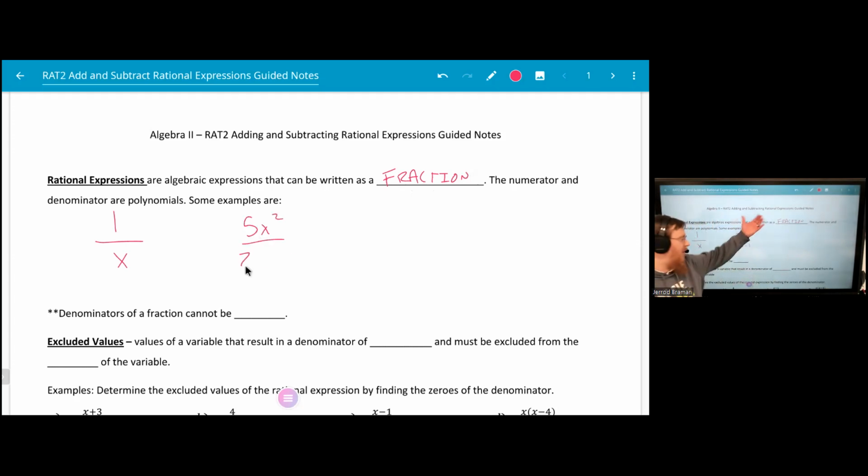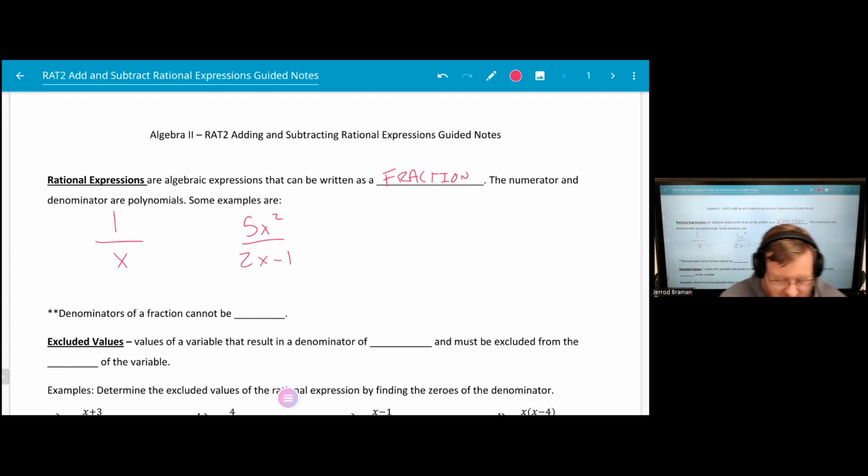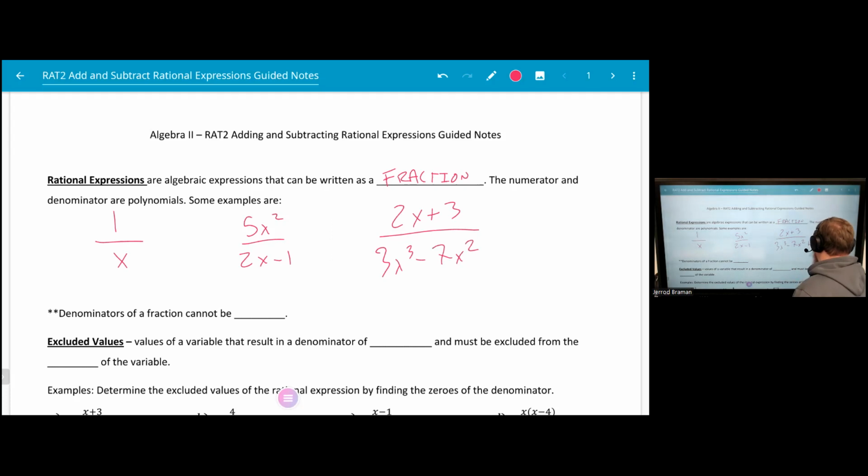There we go, a polynomial on top. It's a monomial, but monomials are still polynomials, right? How about 2x plus 3 divided by 3x cubed minus 7x squared plus 2x minus 1. Okay, there we go.